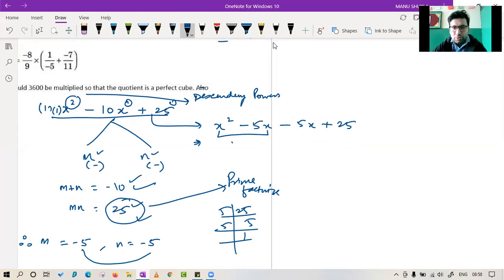Here x is common, very good. So we have got x minus 5. What is common in the third and fourth? It is 5. Very good. So shall I take plus 5? Right now I'm taking plus 5. As per you, Harshul and Yashna, I am taking plus 5 as common. If I take plus 5 as common, what is left inside? Please tell.